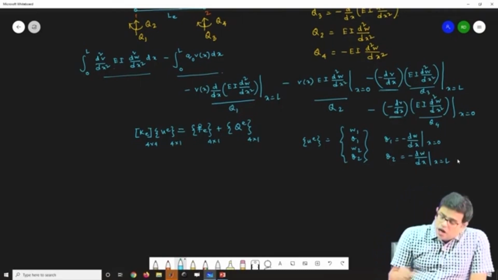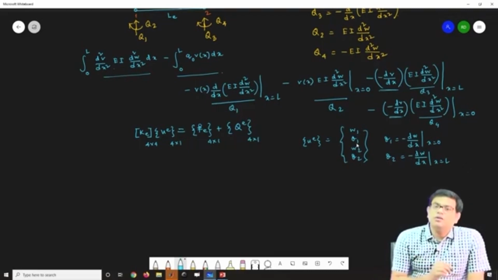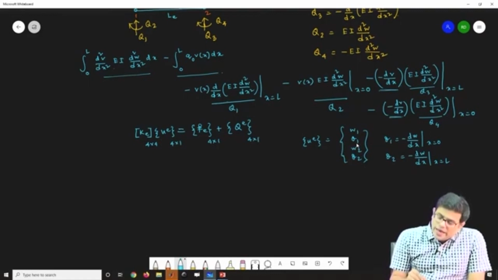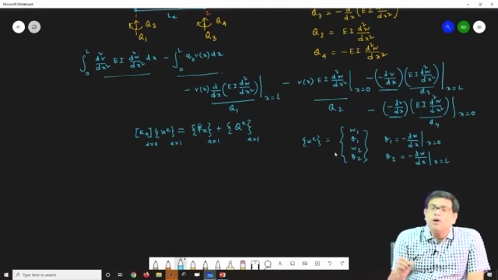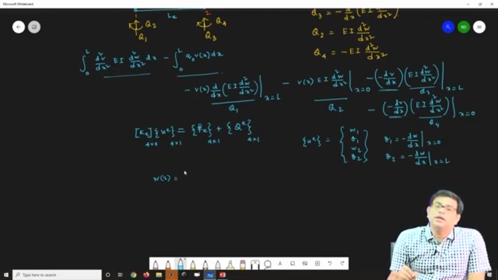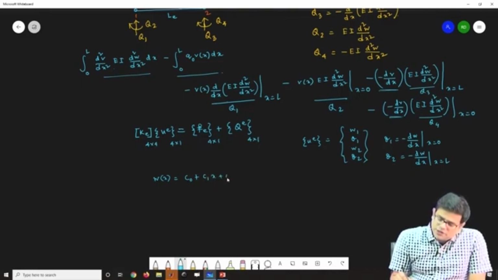We derived the Lagrange polynomial in the previous lecture, and we will derive it the same way here, but now considering these 4 boundary conditions. With 4 boundary conditions, the best approximation is a cubic polynomial: C0 plus C1 x plus C2 x square plus C3 x cube.